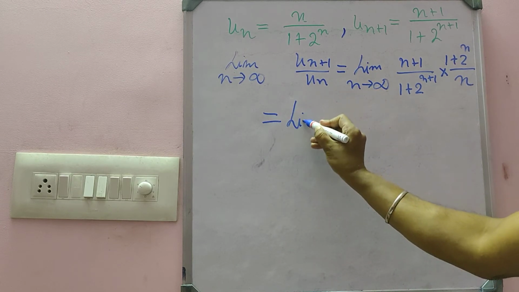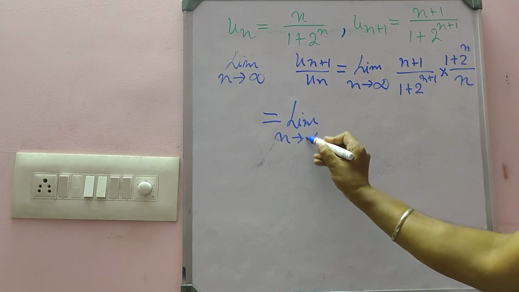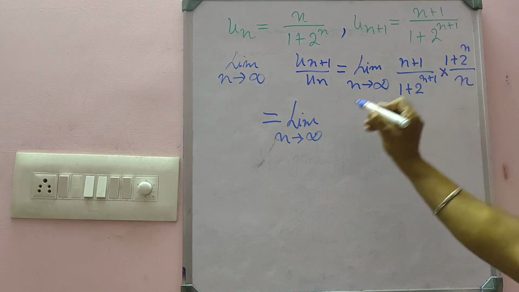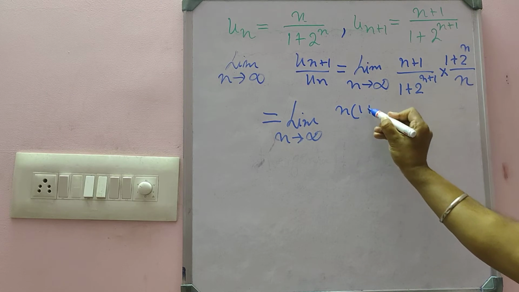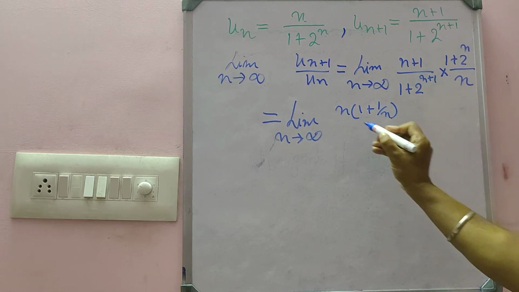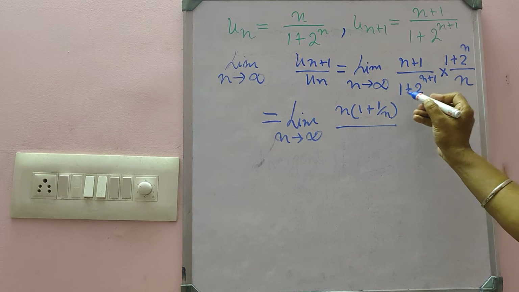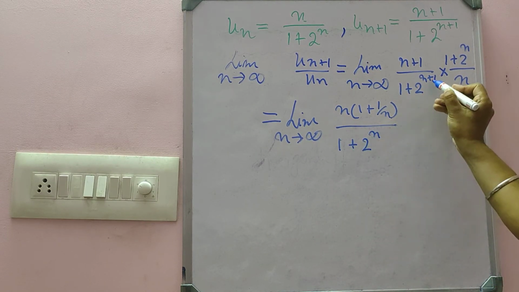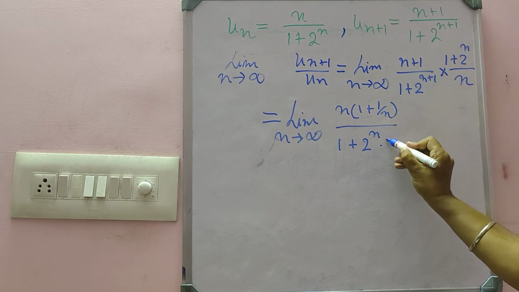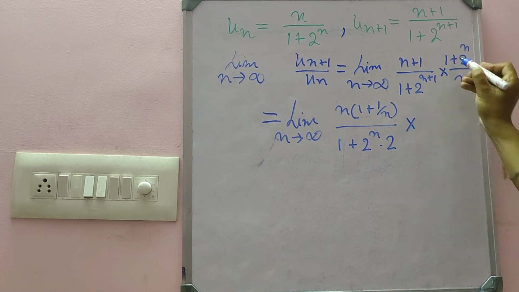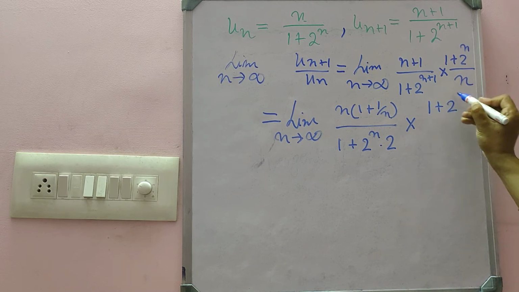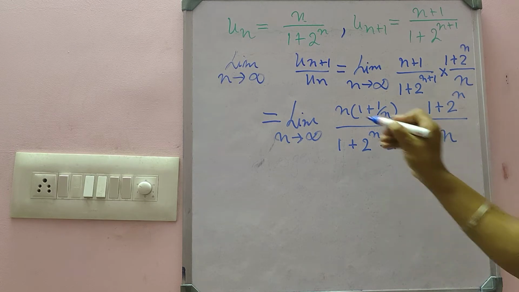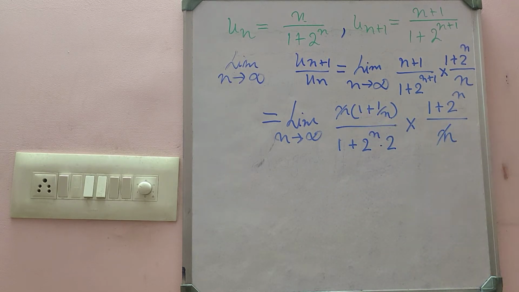Limit n tends to infinity. Here we can take n common, so it becomes 1 plus 1 by n, divided by 1 plus 2 power n. Also we can write 2 power n plus 1 as 2 power n into 2, into 1 plus 2 power n, by this n. Now this n can be cancelled out.